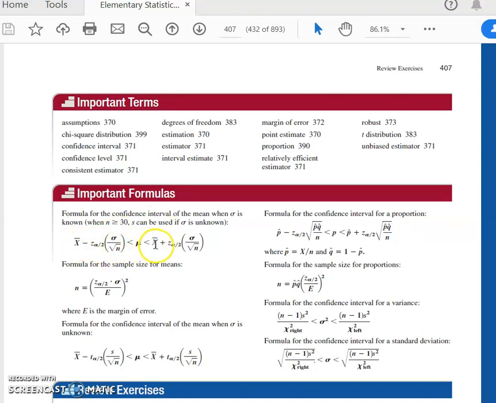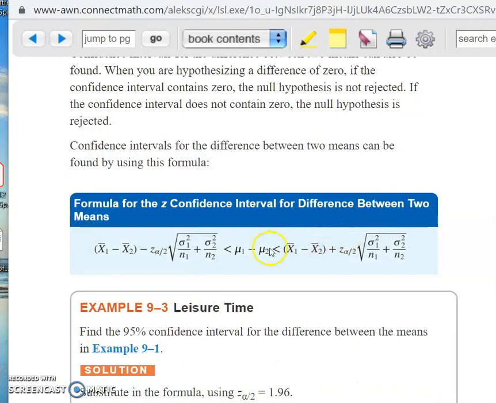I recommend you get your book out and look at chapter 7 and then compare that with what we have now in chapter 9. It's the same, except that in the middle here, we have mu1 take away mu2, because we're not interested in mu, we're interested in the difference between the mu's. This mu1 take away mu2, that's what we're interested in, the difference, okay?